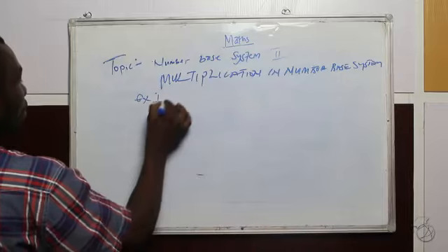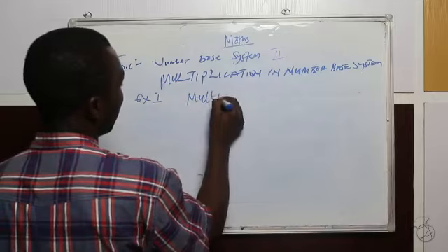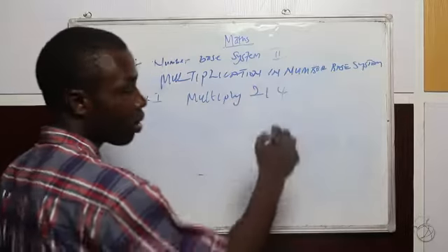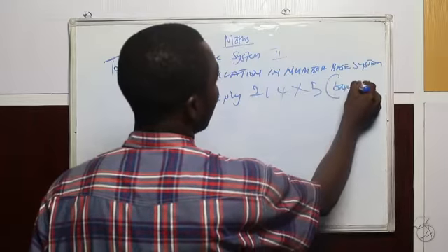Example: multiply 214 times 5, all in base 8.